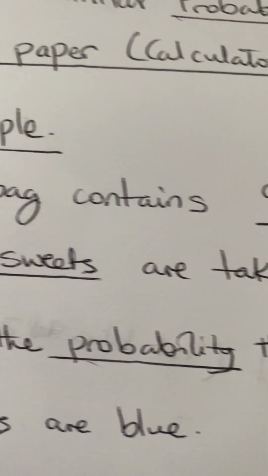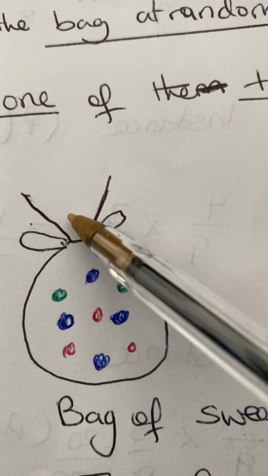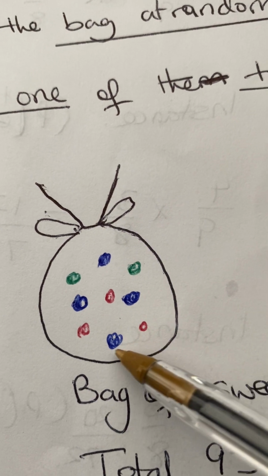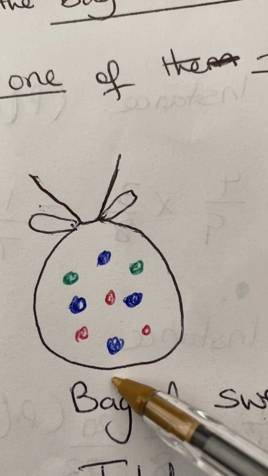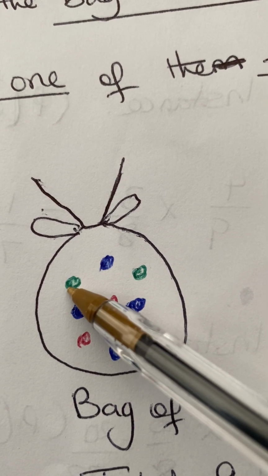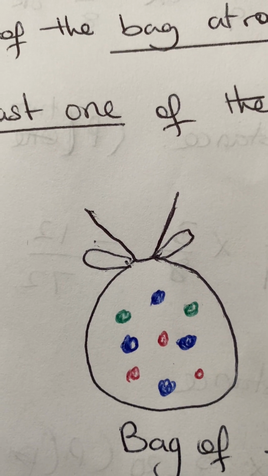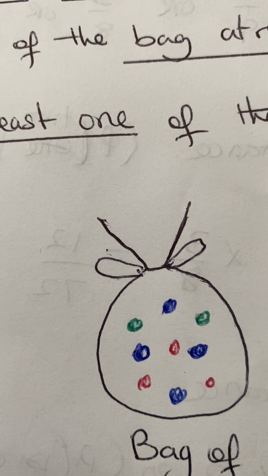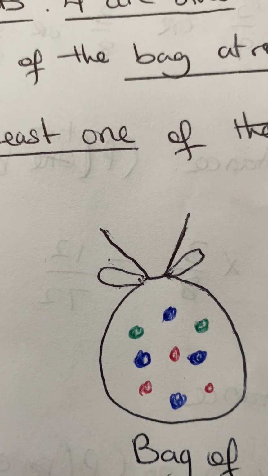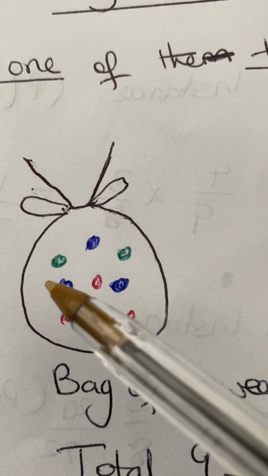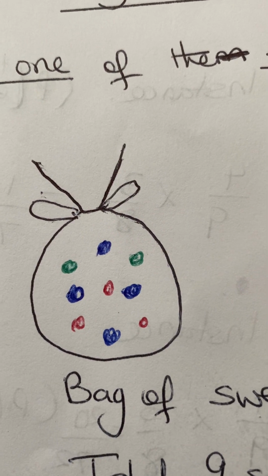Okay, 2 sweets are taken out of the bag at random. Again, you were not given the picture, I just drew something, so I have 4 dots to represent my 4 blue sweets. We are not told the colors of the others, they just said 9 sweets and 4 are blue. So the others can be green, yellow, or anything. I use different colors because in the end you have 9 sweets.